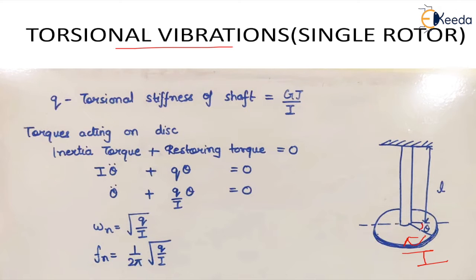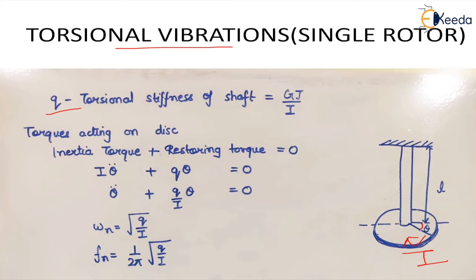The next term is Q, which is the torsional stiffness of the shaft, because here the shaft is acting as the restoring element, and it is given by the formula G into J upon L. Wherever we have a torsional spring or a torsional member, stiffness is given by G, the modulus of rigidity, into J, the polar moment of inertia of the shaft cross section, upon L, the length.